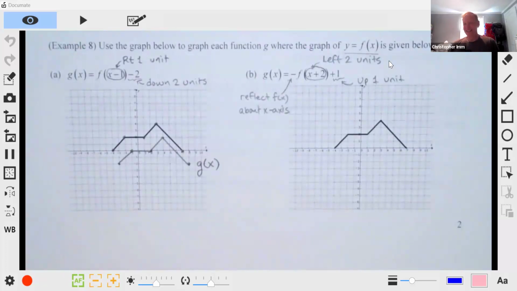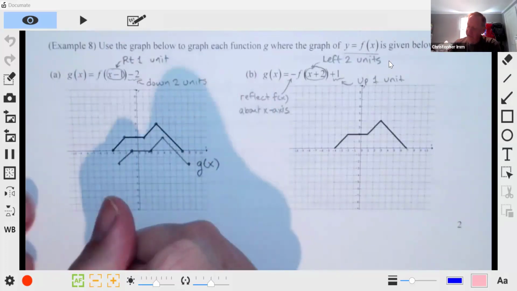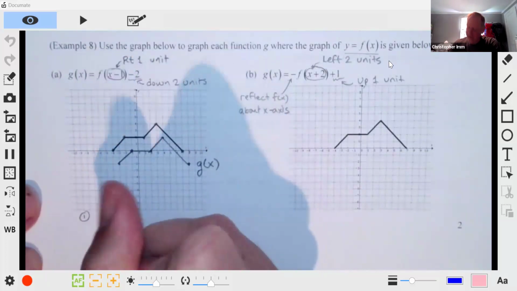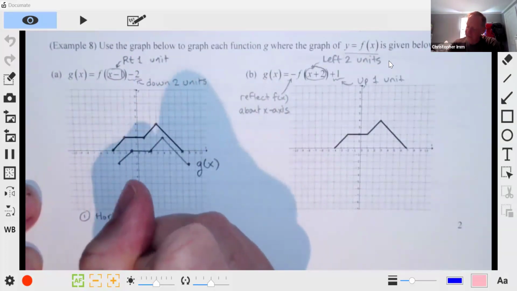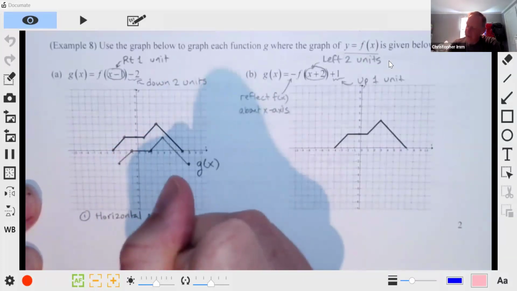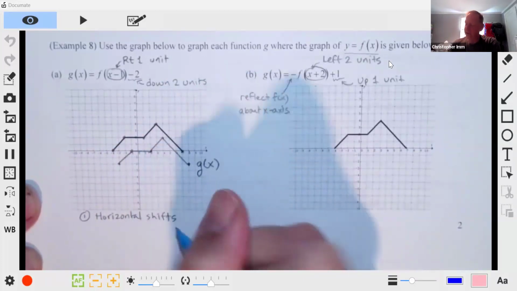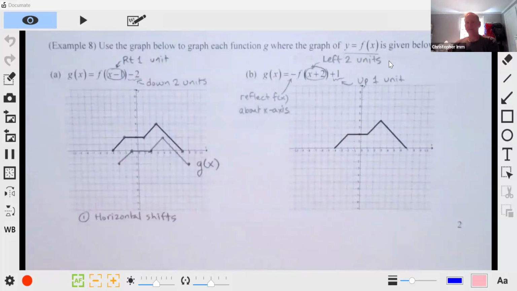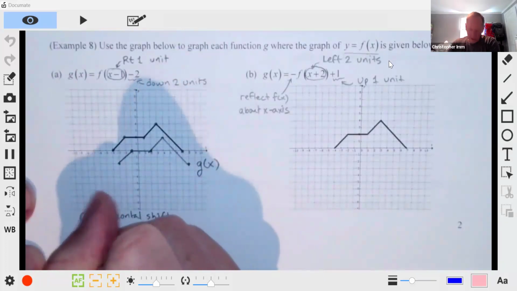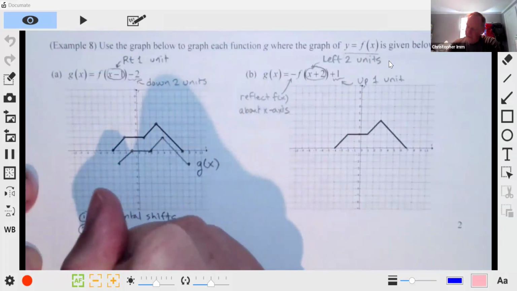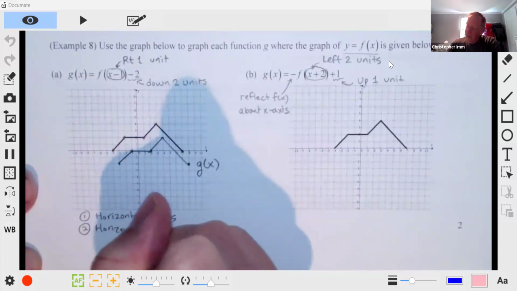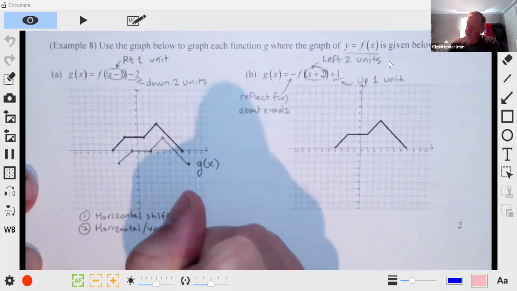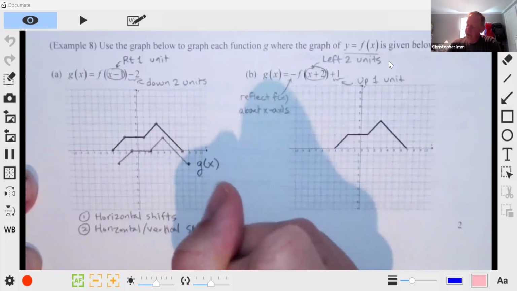When we have a lot of changes like this, sometimes we need to use priority. So here is the priority of our transformations. The first thing we would do, if we have any, is the horizontal shifts. That's why I moved everything right 1 first in this one, although it wouldn't really matter in that one. The next thing we are going to do is the horizontal and vertical stretch and compression.